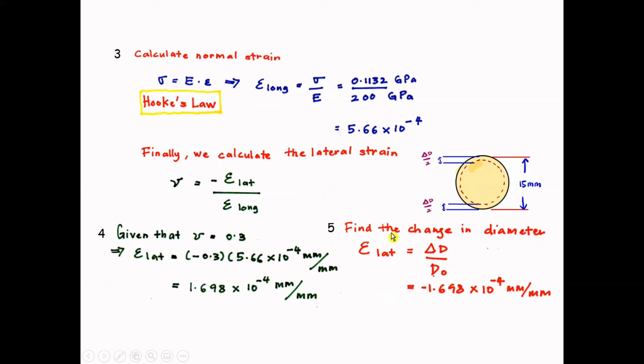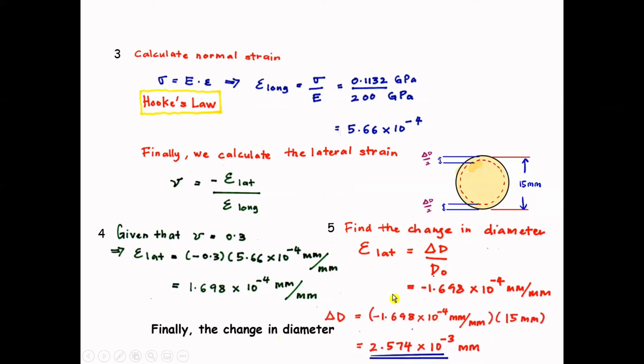From here, we can rearrange the equation to find the change in diameter, which equals negative 1.698 times 10 to the power of negative 4 times 15 millimeter. This is the change in the diameter, equal to negative 2.547 times 10 to the power of negative 3.